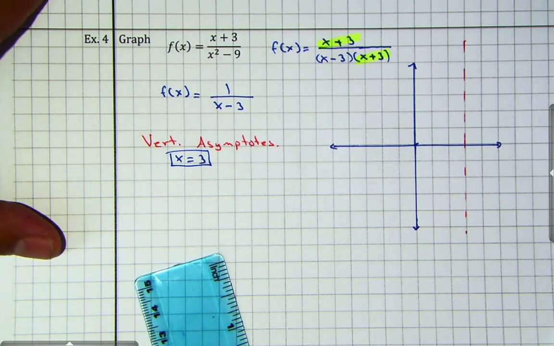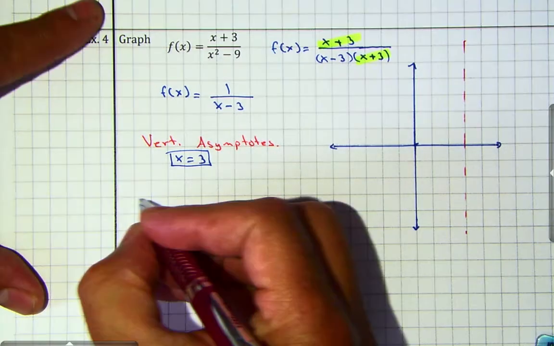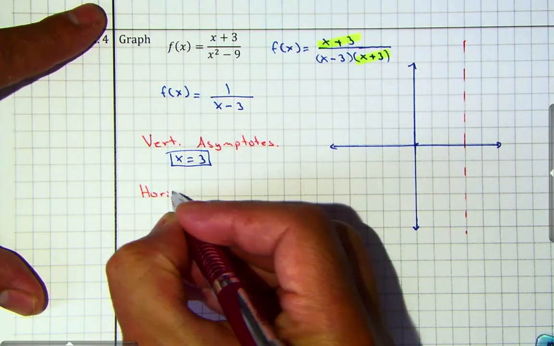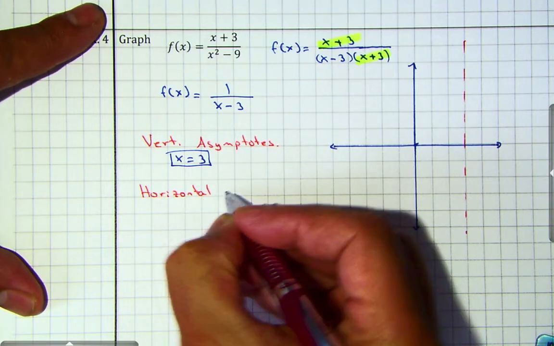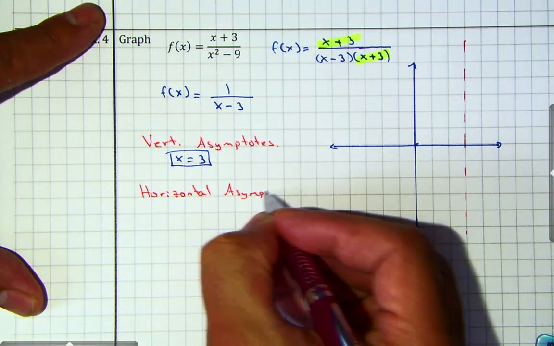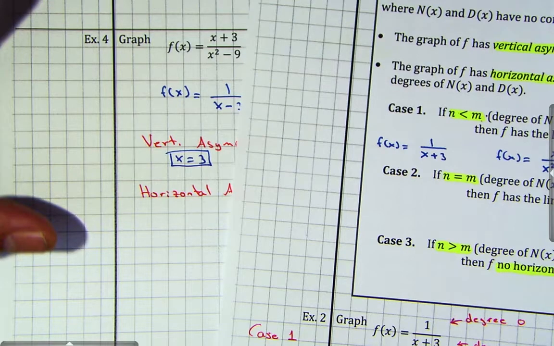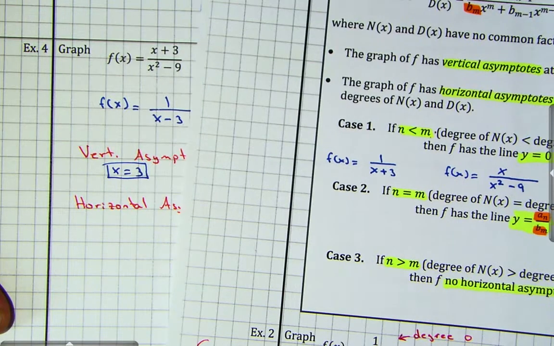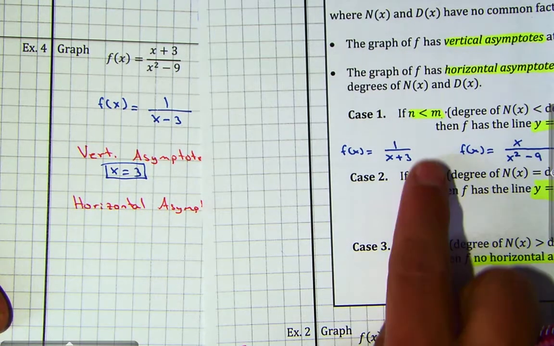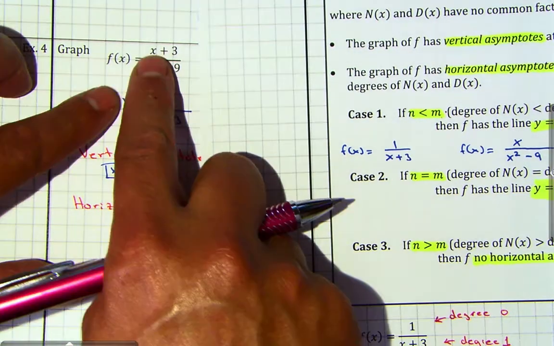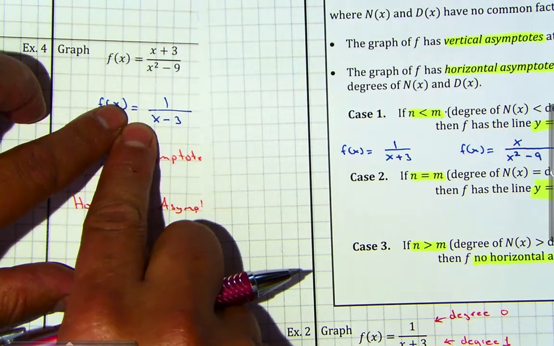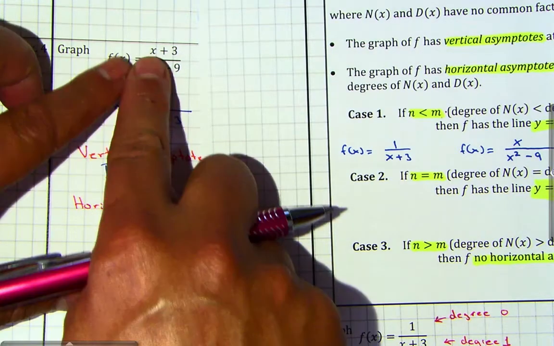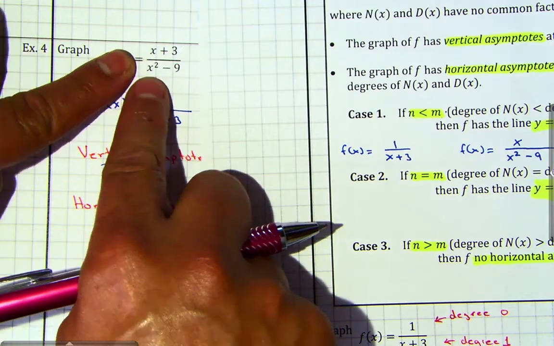Then I need to find my horizontal asymptotes. In this case, we need to see, okay, which case is it? Case 1, case 2, or case 3? So let's see the degree of this polynomial and this polynomial. In this case, the degree here is 1, and the degree is 2.